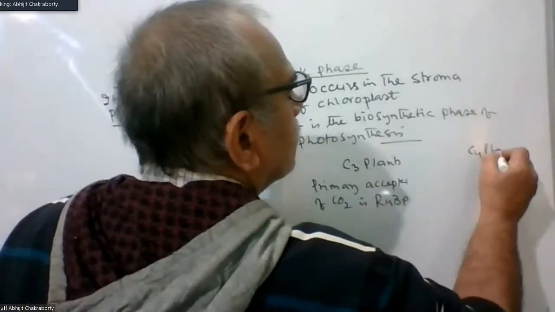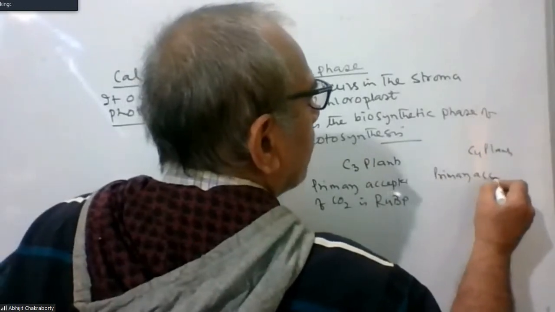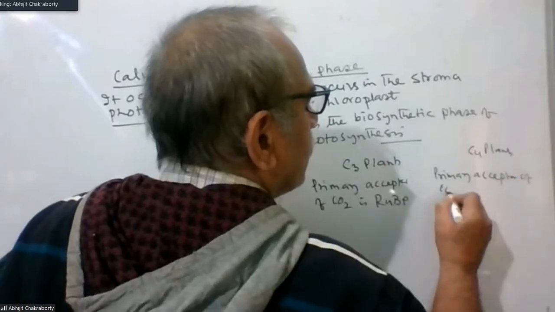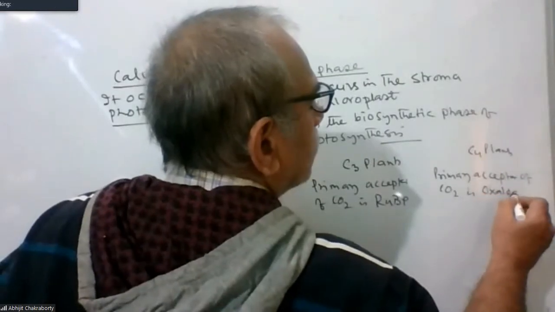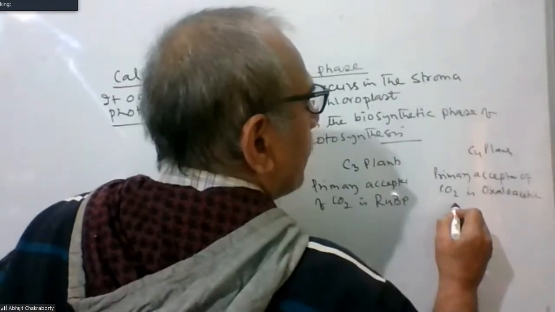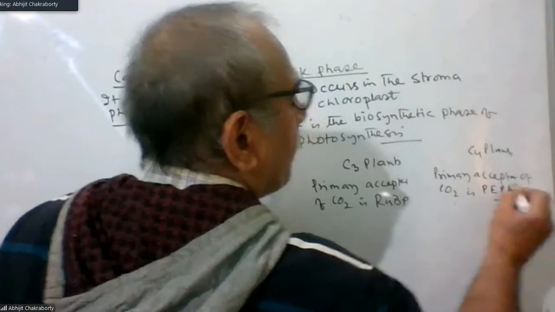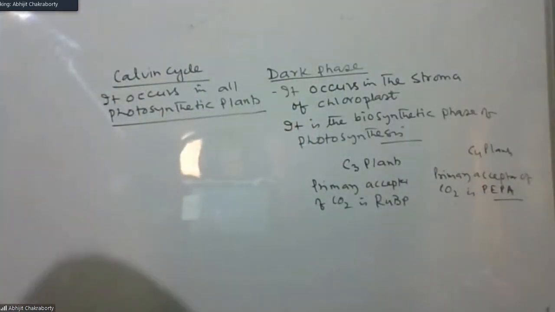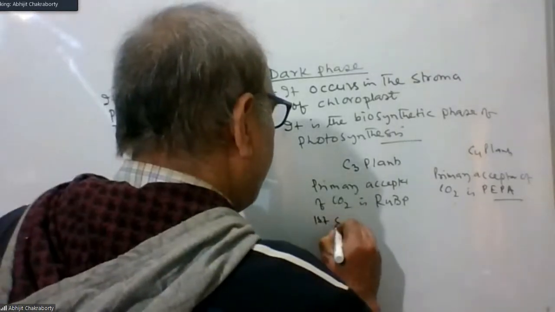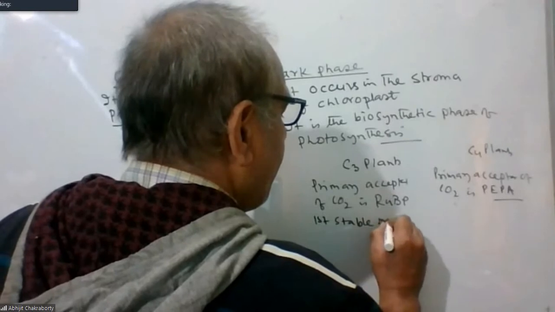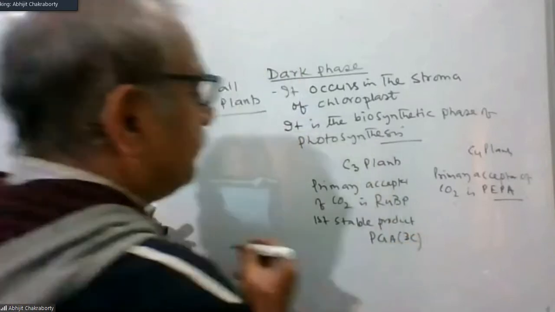In C4 plants, the primary acceptor of carbon dioxide is phosphoenol pyruvic acid. So the primary acceptor varies. The first stable product is PGA, a 3-carbon compound.